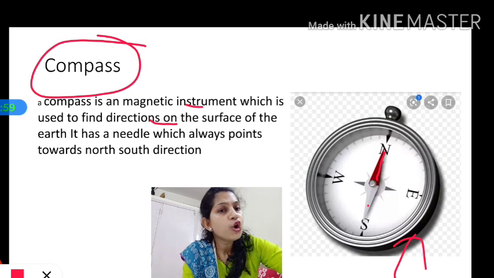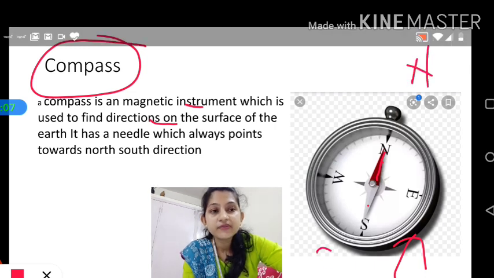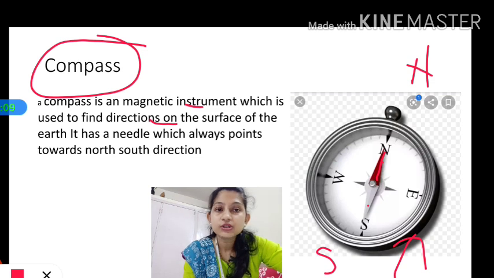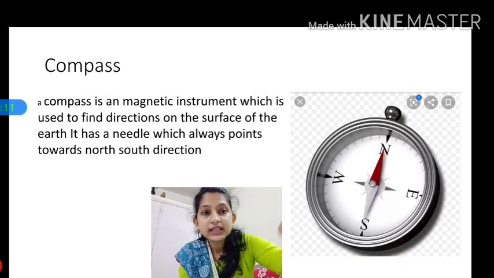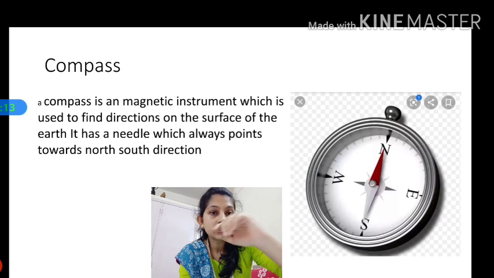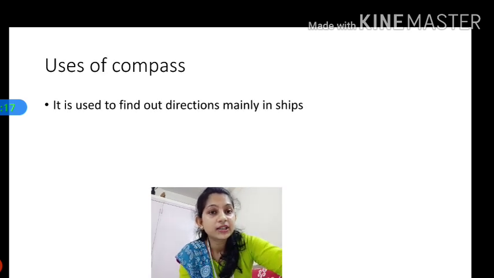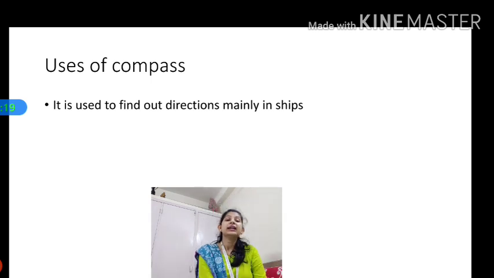Its needle always points towards north-south direction. That means the red one is always pointing toward north, and the opposite one will of course be south. Since it points toward north-south direction, it helps us to find directions.